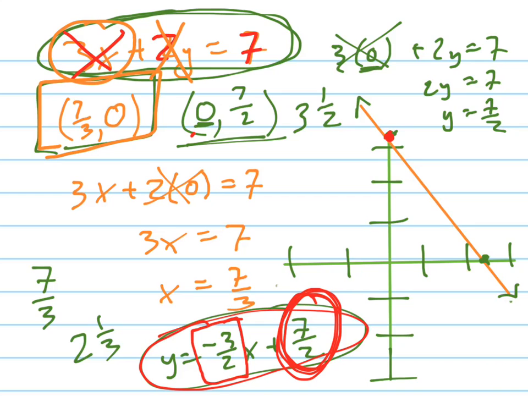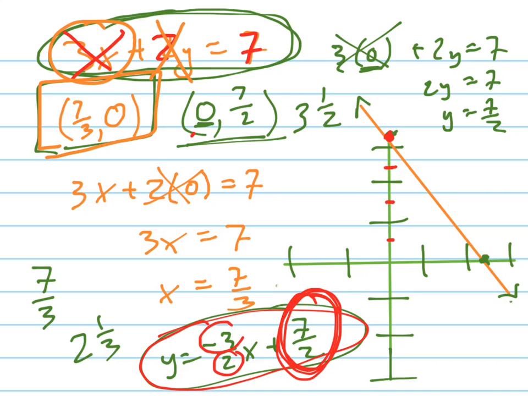So I'm going to go down 3, 1, 2, 3. Now instead of at 3.5, I'm at 1/2. I actually went down a little too far. Let me redo that. I'm only really going down 1, 2, 3. So I'm now at 1/2, and go over 2 to the right.